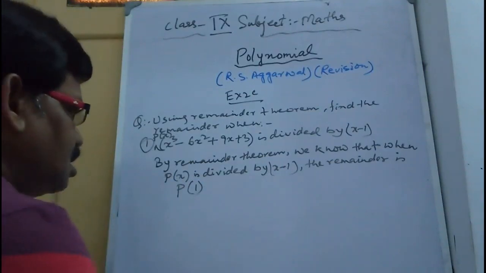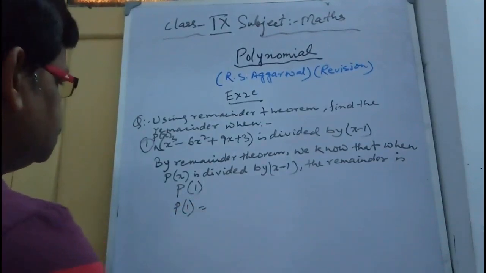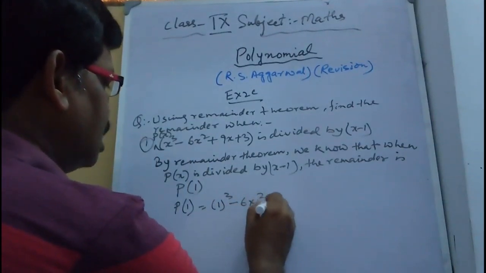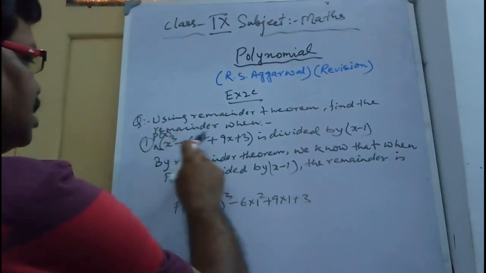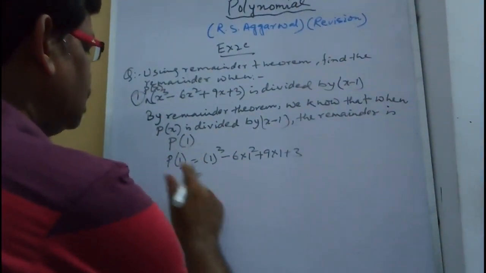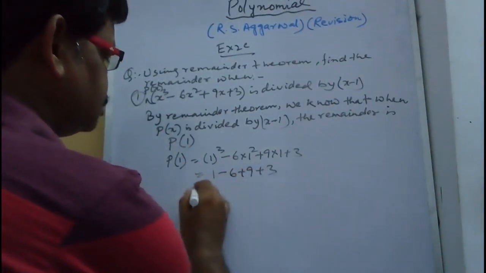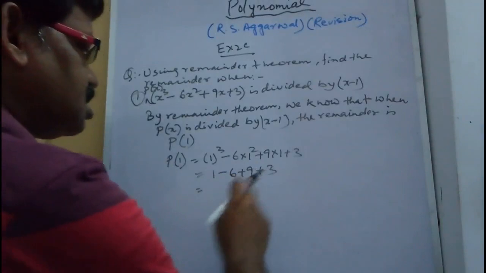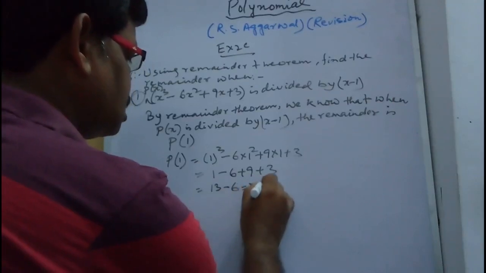So remainder is p1. Now p1 equal to 1 cube minus 6 into 1 square plus 9 into 1 plus 3. In place of x, write the value 1. So 1 cube is 1, minus 6 plus 9 plus 3. So 9 plus 1 is 10, 10 plus 3 is 13. So 13 minus 6, answer is 7.